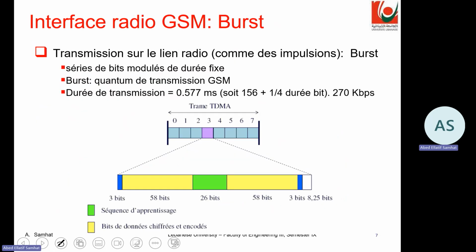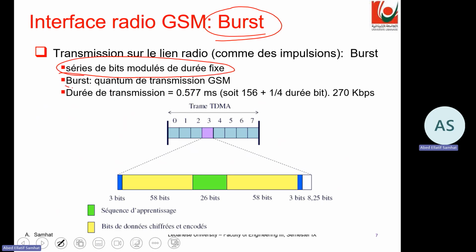And if you want to see at the radio interface what the unit of transmission is, at each physical channel we define the concept of what we call a burst. What's a burst? It's really the unit of transmission of the radio interface in GSM on a time slot, and it's typically a certain number of bits.